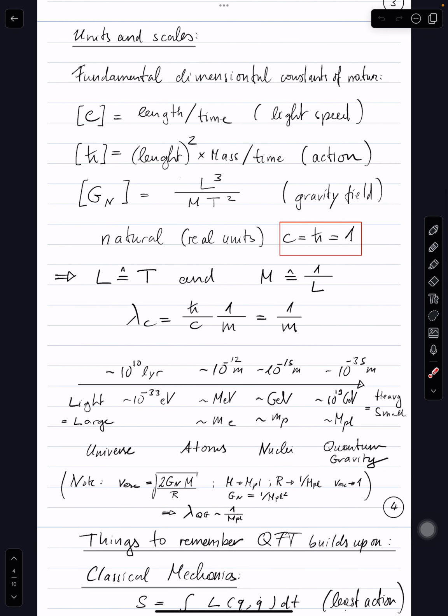Okay, so let me come to a couple of practical things that we will need in this course, and here a very helpful notation that we will use is the so-called system of natural units. Let us talk about a few fundamental constants in nature, which are used to describe and measure the things we see, such as the speed of light.